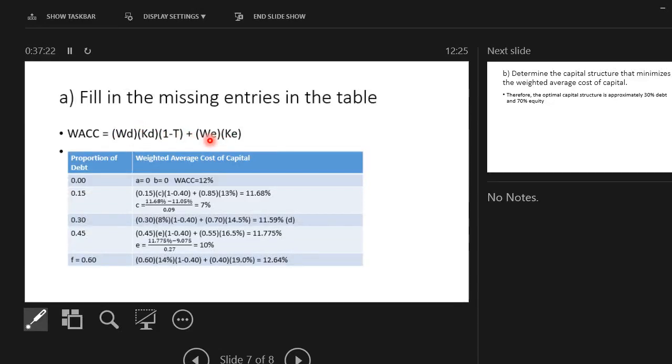And then we come to this part. What is the weight of our equity? It's 100%. Fully funded by equity. So this weight here is going to be 100%. And how do you present 100% in decimal?